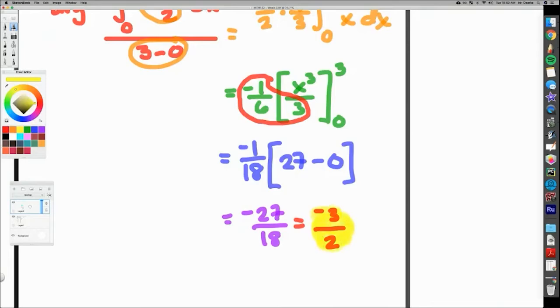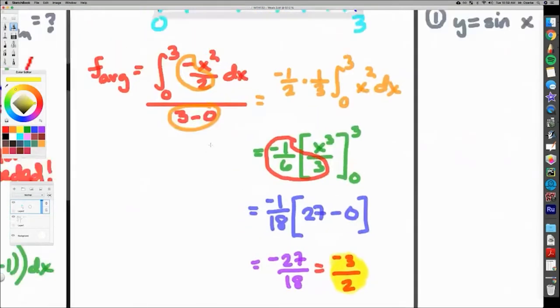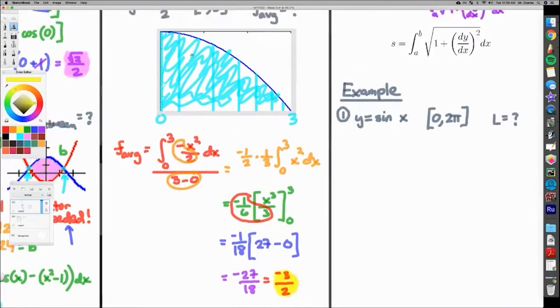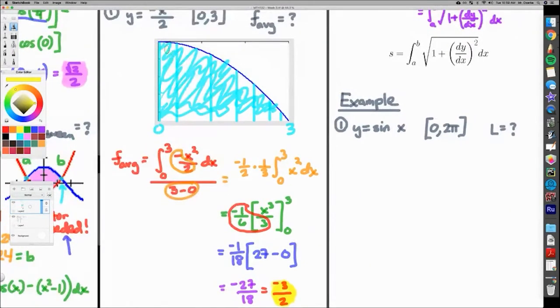Now you should have a negative value because if you look at the y values, they're all negative, right? These are all negative because the x-axis is up here. So you should have a negative average value just because all the heights are negative. And you know what? I actually did this completely wrong. I colored in the wrong area.